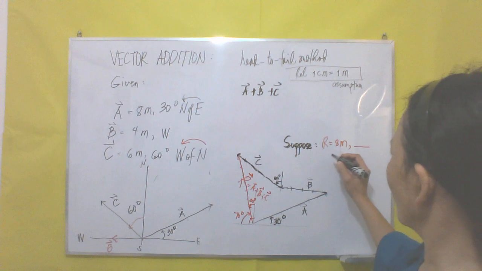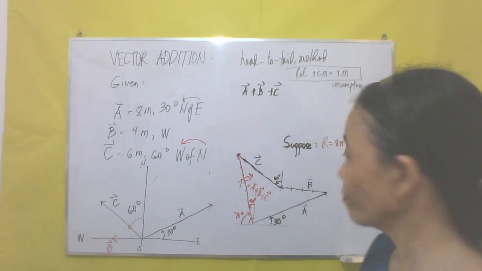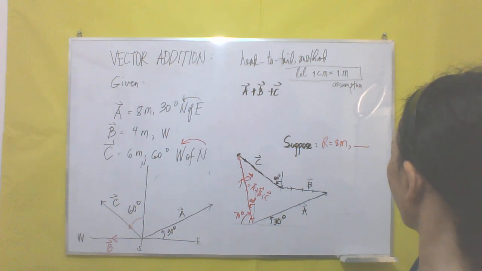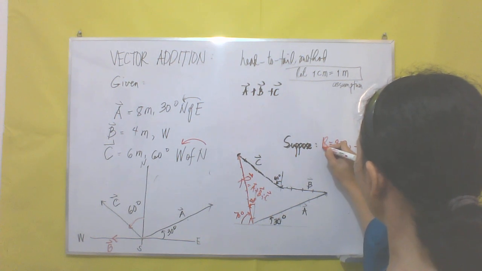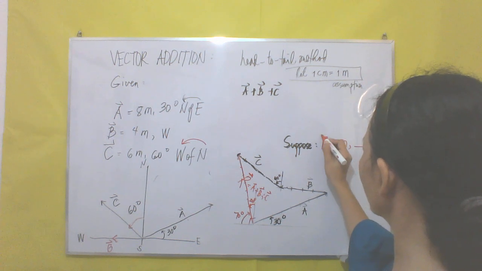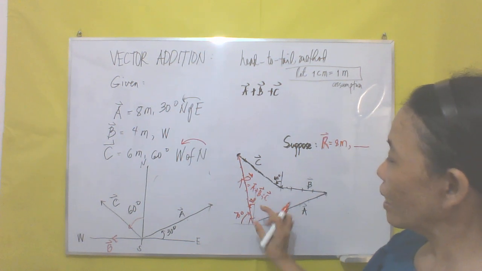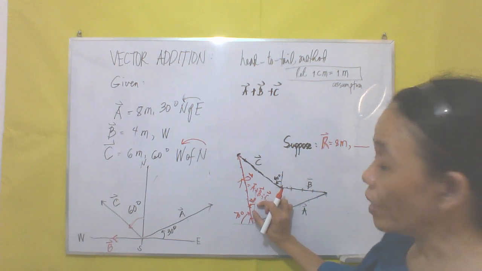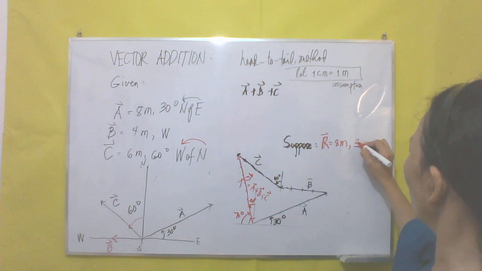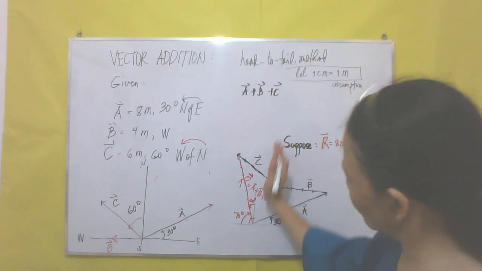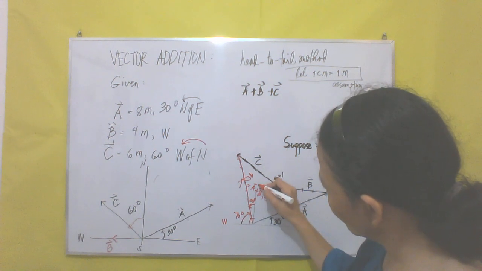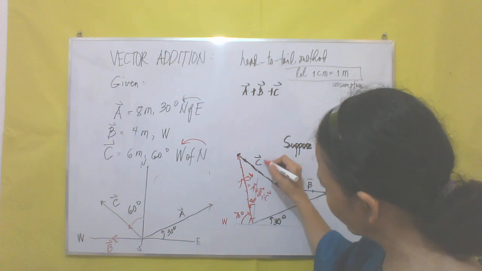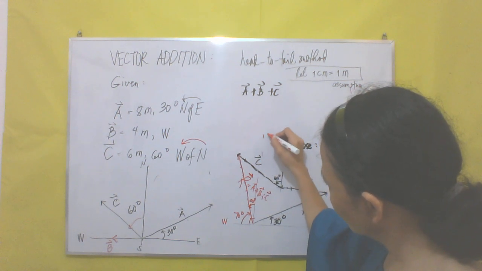So suppose R is 8, supposing R is equal to 8 scales or 8 meters. Therefore, its direction would be 20 degrees. This is west and this is north. This line here is north.